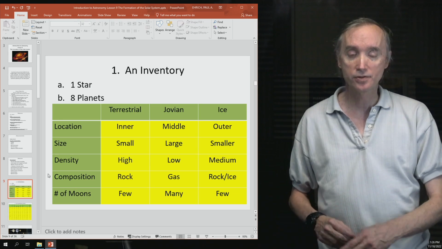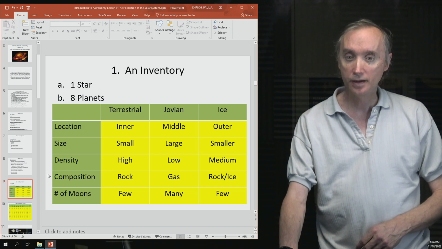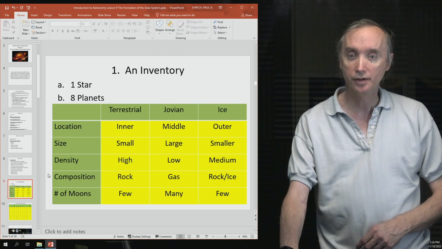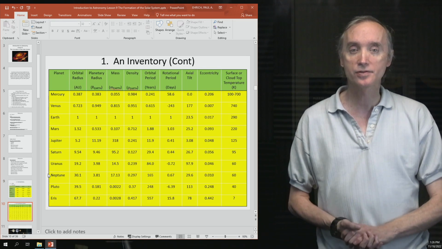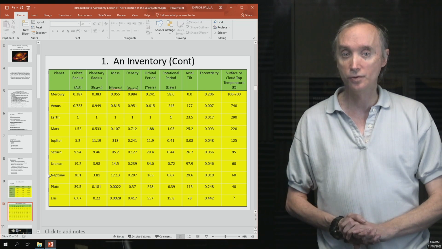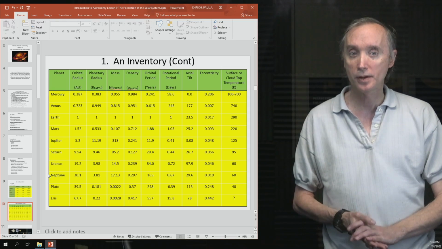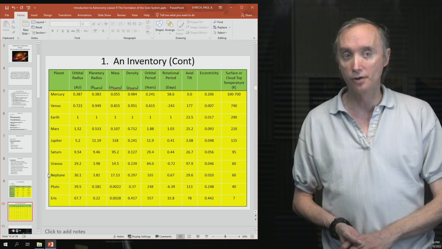All right, so there's a description of our solar system. And then if you're interested in it, here's some more facts and figures about our solar system, if you want to look at that. Everything is scaled in comparison to the Earth.